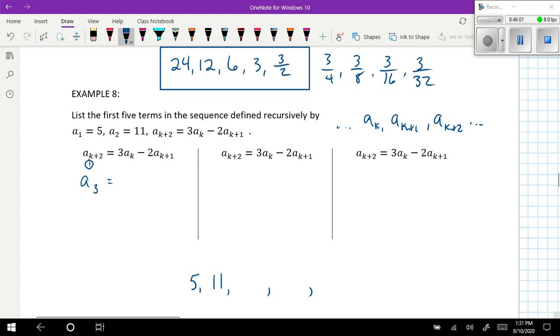So if my k value is a 1, this means that the k value here is a 1. It also means that the k value here is a 1. So this would be a sub 2.